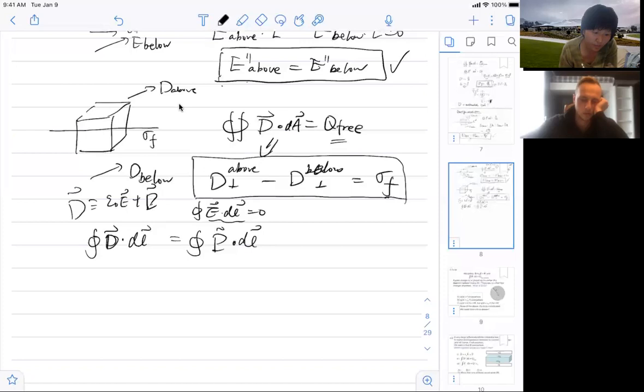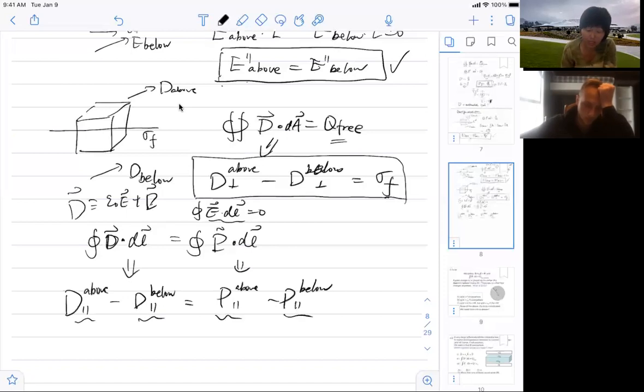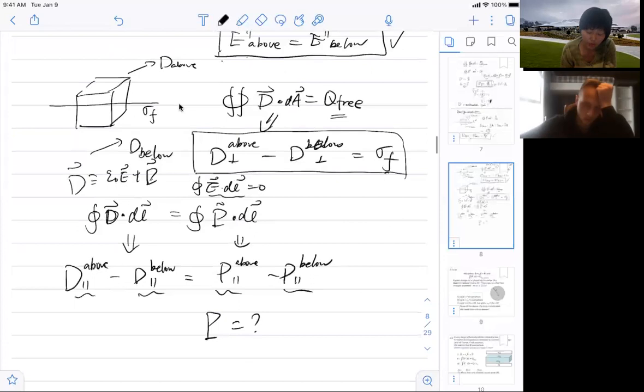From here, you can derive another boundary condition that tells you D parallel above minus D parallel below is equal to P parallel above minus P parallel below. It's really just by working out the line integration. So you got something, but again, we cannot get around calculating P. We still don't know P. What is P? We need to find out.